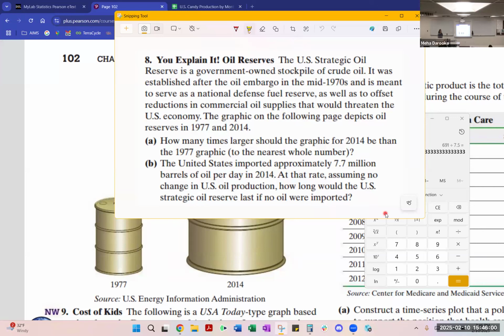So if no oil was being imported, how long would the US reserve last? If we're talking about 7.7 million barrels per day, how many days would it last? How would you do that one?